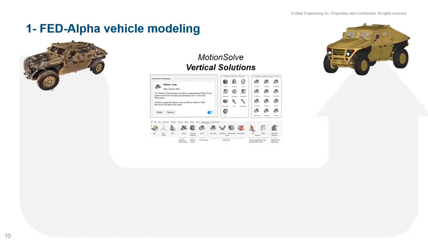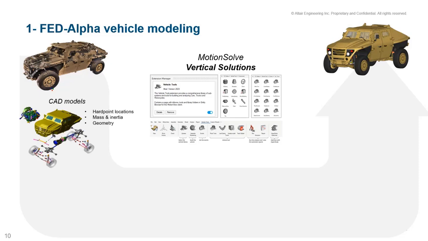We start with the first one. As I mentioned, the idea is to create a digital representation, a digital twin of the original vehicle. And to do so, we use the vehicle solution inside MotionSolve. We start with the CAD data that they provided, and with the CAD data, we extract the hard point locations, the mass, and the geometry of the vehicle.